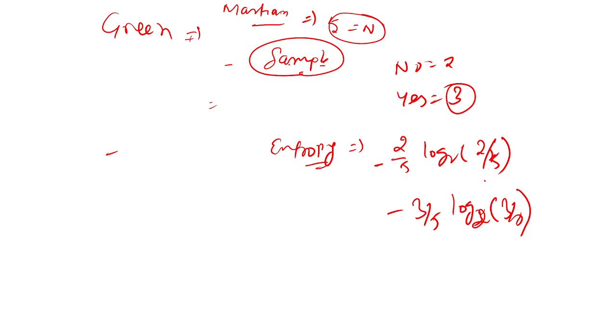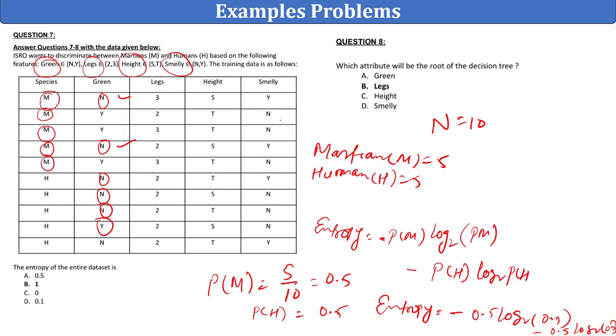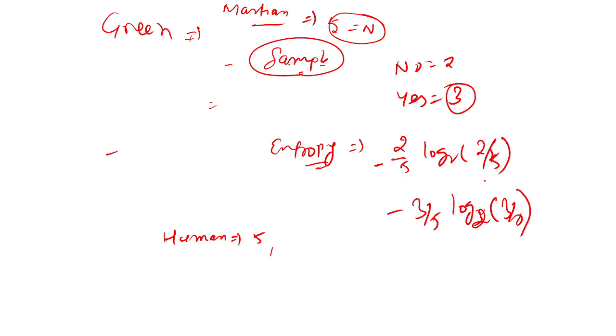And then for the human, we also have 5 samples. In that also, how many no do we have? 1, 2, 3, 4. So no is equal to 4, yes is equal to 1.